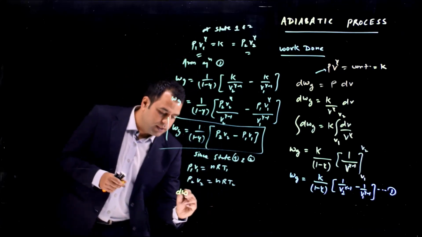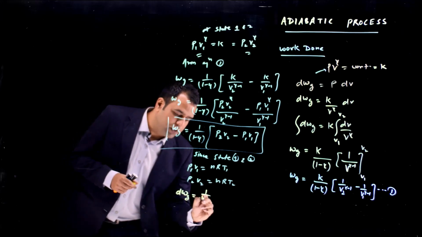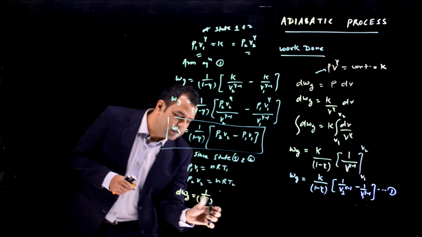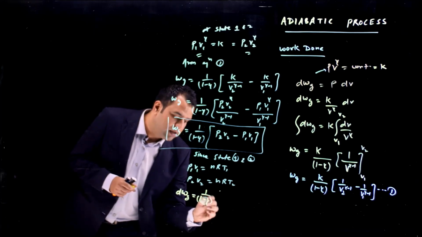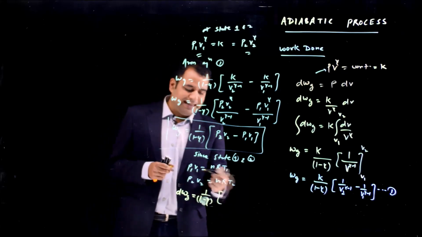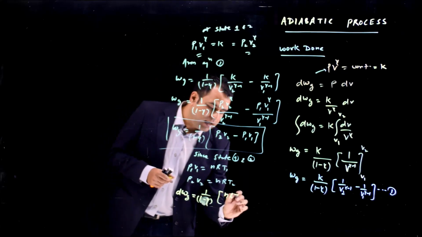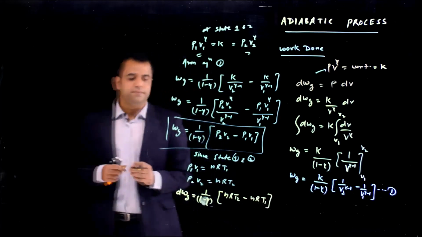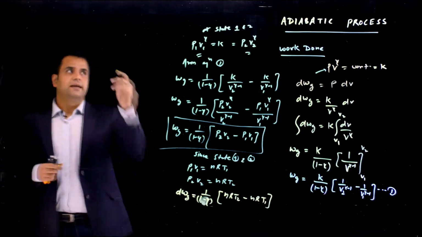So dW will be equals to 1 upon, oh sorry, it is not gamma minus 1, it is 1 minus gamma. In case of P2 V2, I can write nR T2 minus nR T1. We can take nR outside.